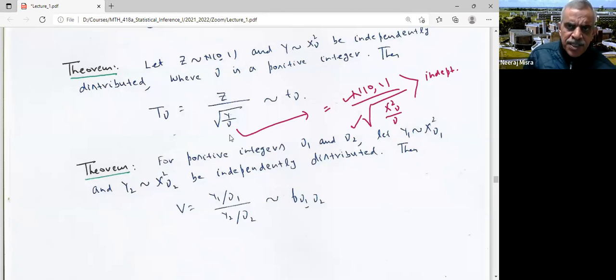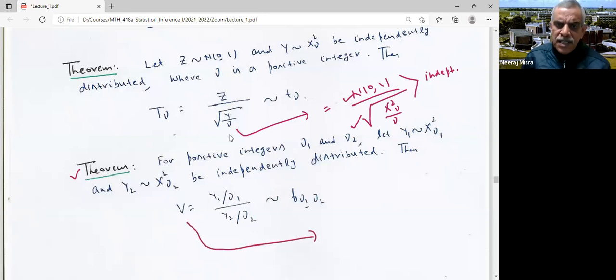Now, a similar kind of representation I have for the F distribution, which is what is given in the next theorem. For positive integers nu1 and nu2, let y1 be chi-square on nu1 and y2 be chi-square on nu2, and they are independent. Then if I take the ratio of chi-square nu1 divided by its degrees of freedom, which is y1 upon nu1, with y2 upon nu2, which is chi-square nu2 by nu2, this would have an F distribution with nu1, nu2 degrees of freedom.